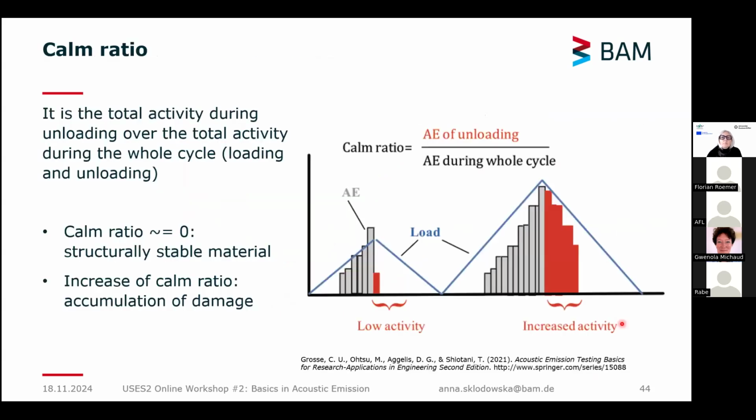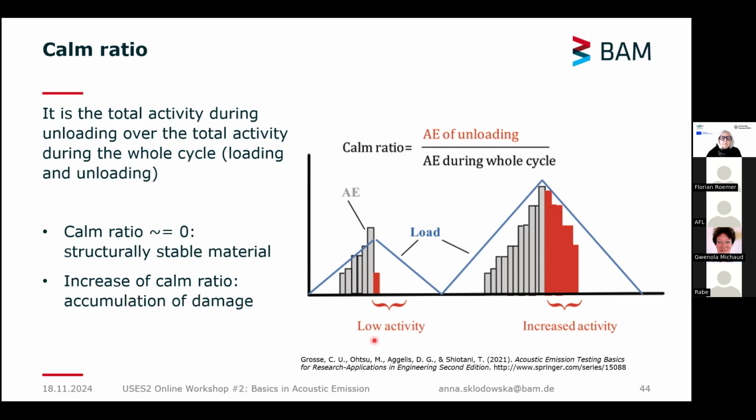Another ratio that we use with the parameters obtained from parameter-based analysis is the calm ratio. Basically, this is the total activity during unloading, the red parts, over the total activity during the whole cycle, both loading and unloading. This gives us an indication that if the calm ratio is around 0, meaning that we don't have activity during the unloading phase, we have a structurally stable material.